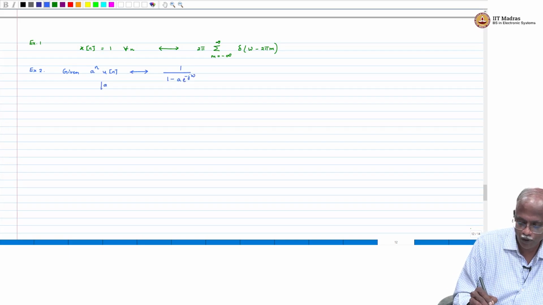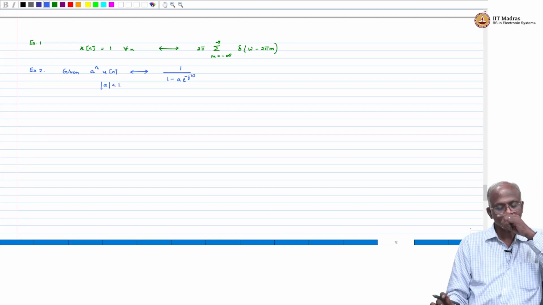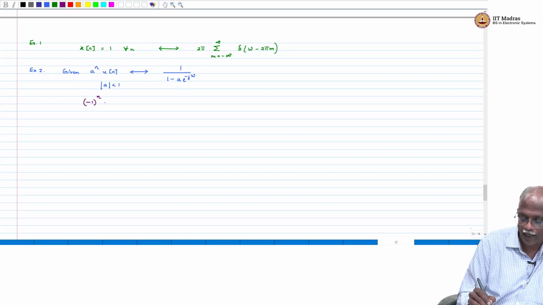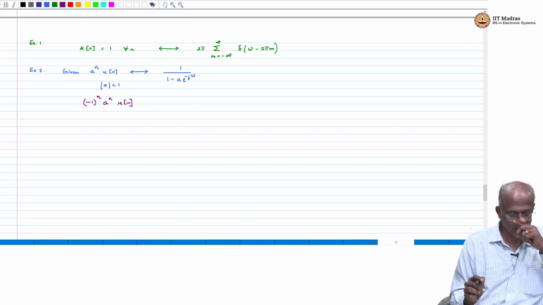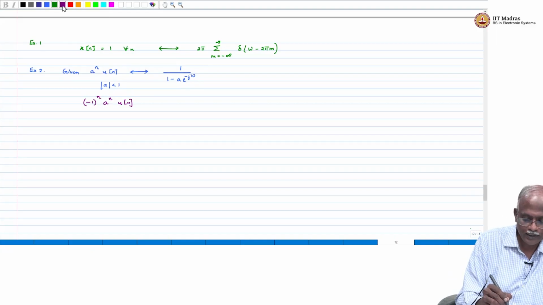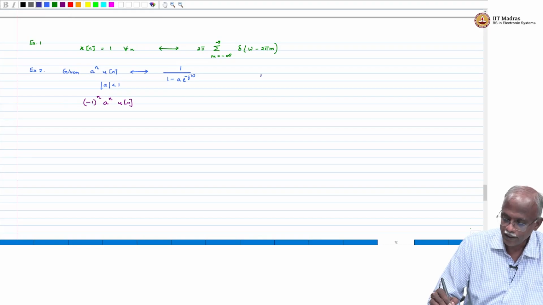We are given that modulus of a is less than 1. Okay. Now, what is the discrete time Fourier transform of minus 1 power n a power n u of n? So, there are two ways of doing this. Let us look at method 1. Okay, I will just write down method 1.